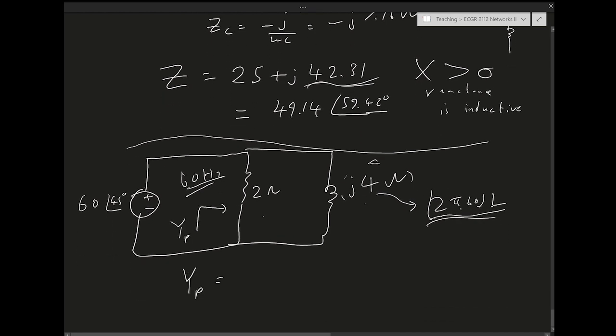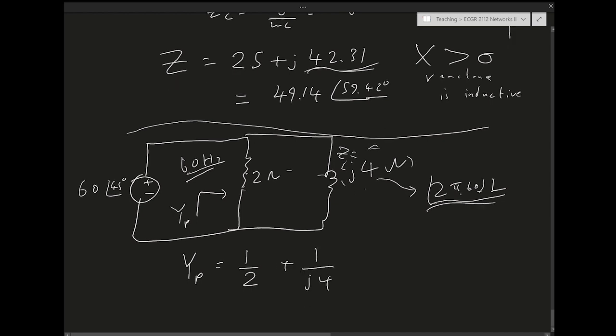Equivalent admittance: they are in parallel, so it's just the sum of the admittances. The admittance of the first element, the resistor, is going to be half, the reciprocal of the resistance. This is impedance ZL, and the admittance is the reciprocal of the impedance, so it's going to be 1 over j4 Siemens.